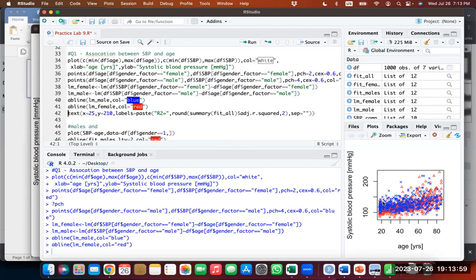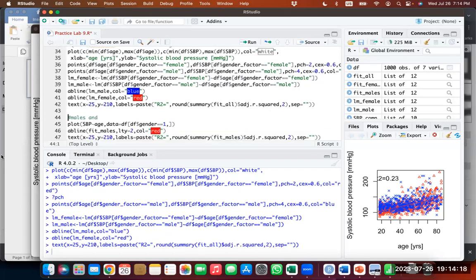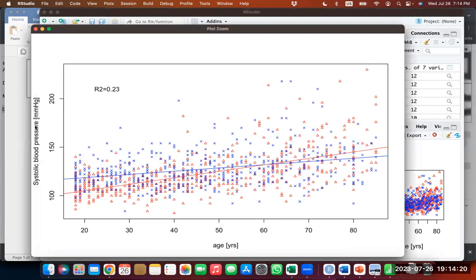You will implement some text, and the text it pastes with labels, paste R2 equals a rounded fit of your fit, with an R squared. You're basically depicting this now on your graph. And that's how it will look in the end of the day.